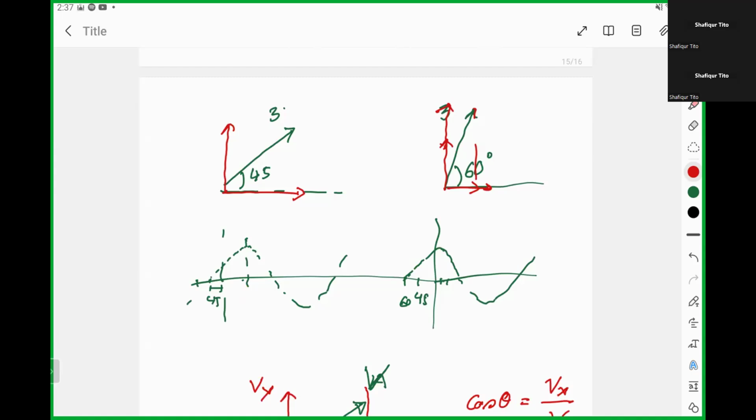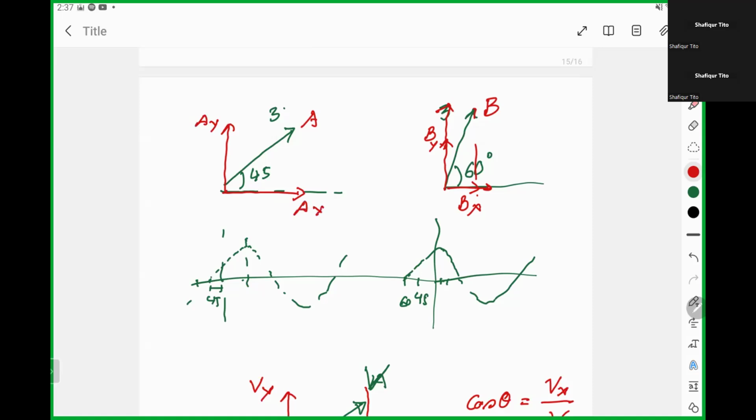So this one and this one I can add together, and I can find the resultant. Let's say this is By, and this is Bx. And this is my B vector. And this is my A vector. And this is Ay, and this is Ax.